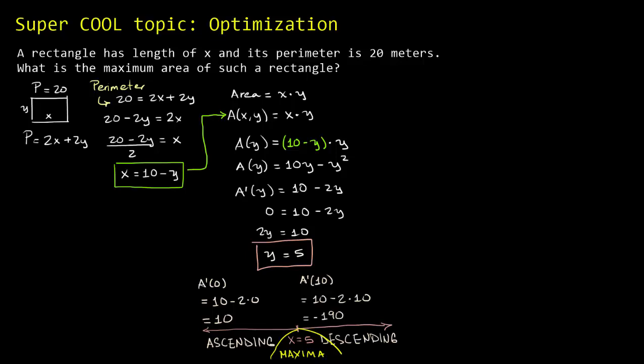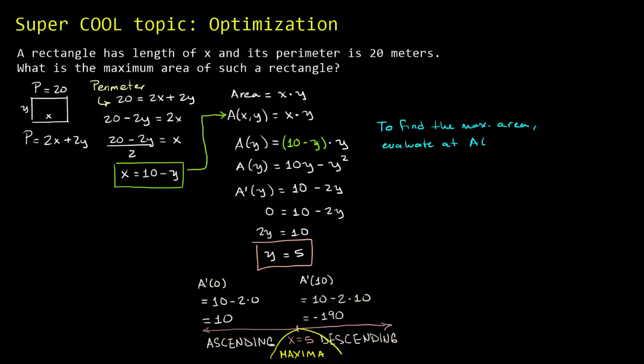And the last thing is, what is the maximum possible area for this rectangle? We are requested to substitute this to find the maximum possible area, so you have to evaluate A of y.